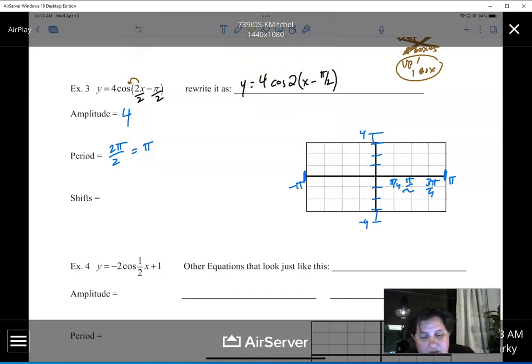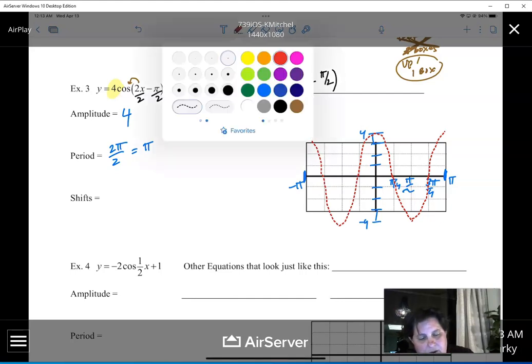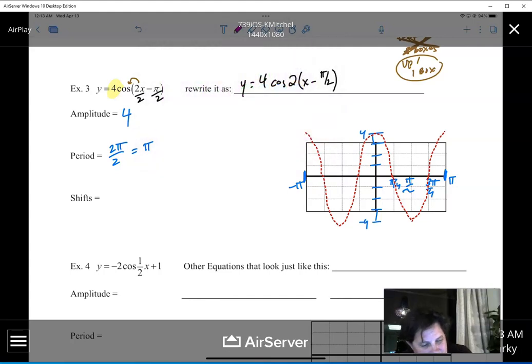Now we know that cosine starts at A, goes to 0. So there's my cosine graph. Nice. So when I go to shift this, it looks like this one is going right pi over 2.